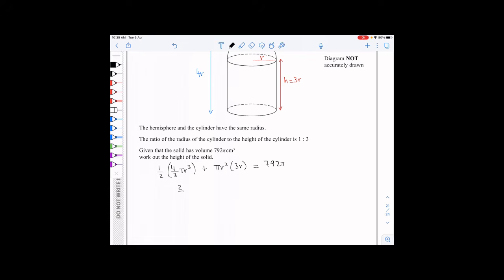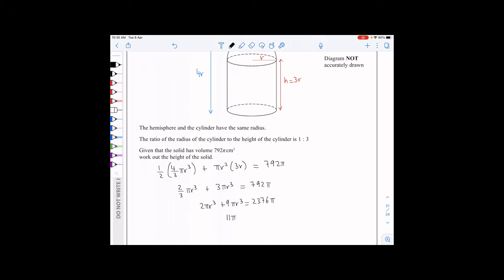So I'm looking at 2 over 3 pi r cubed plus 3 pi r cubed is 792 pi. I will get rid of the fraction by multiplying everything by 3. So 2 pi r cubed plus 9 pi r cubed is 792 times 3 is 2376 pi.